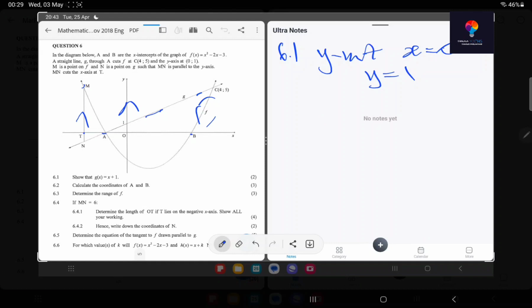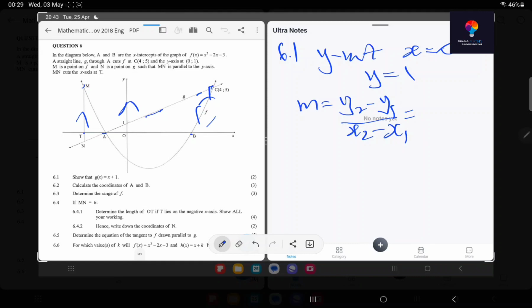And we can get the gradient of the straight line, which is y2 minus y1 over x2 minus x1.